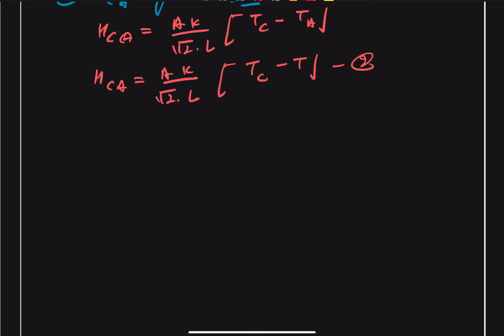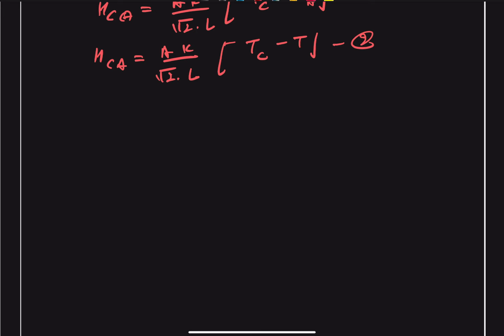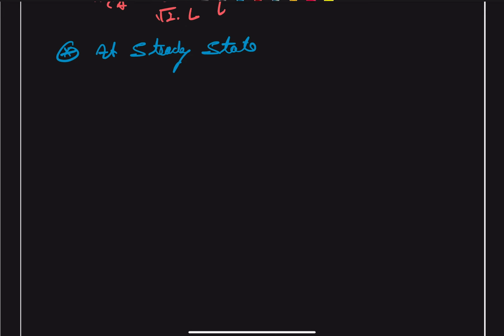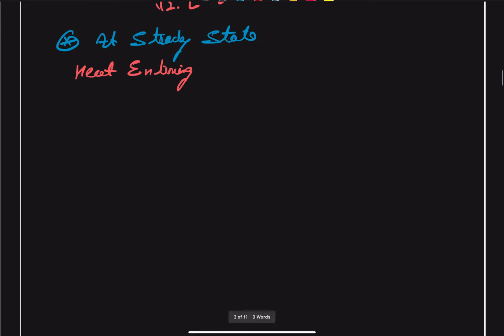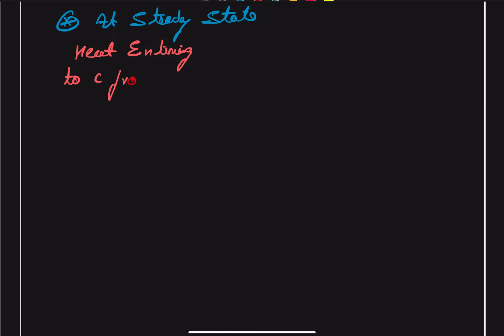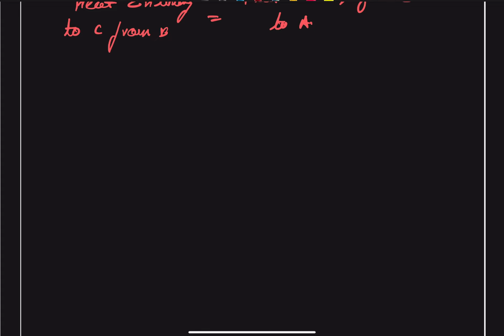So at steady state, heat entering C from B will be equal to heat leaving from C to A, or in the shorter form, HBC will be equal to HCA.